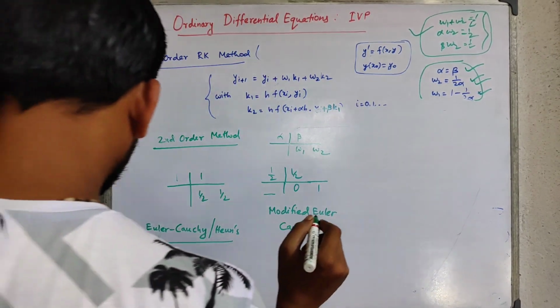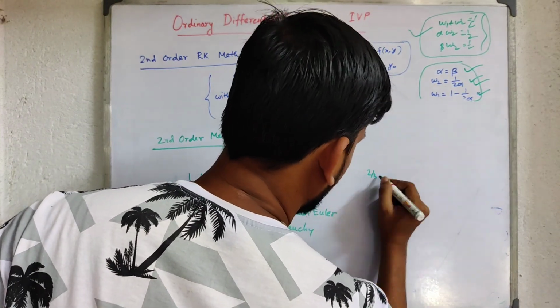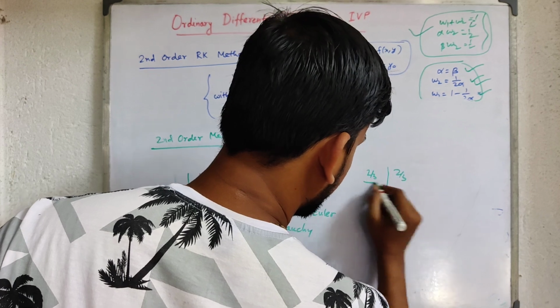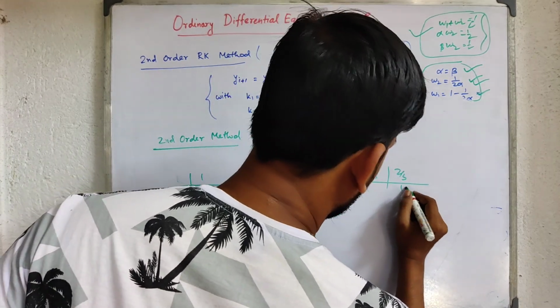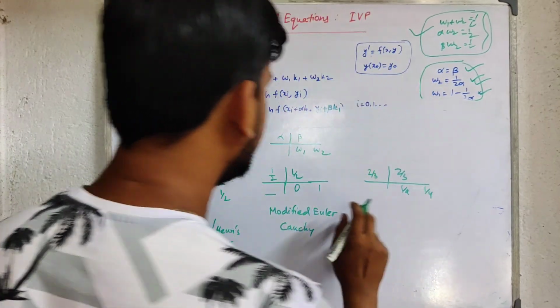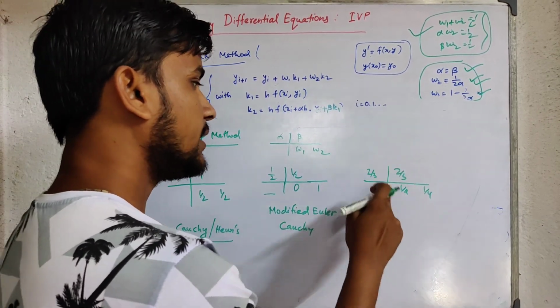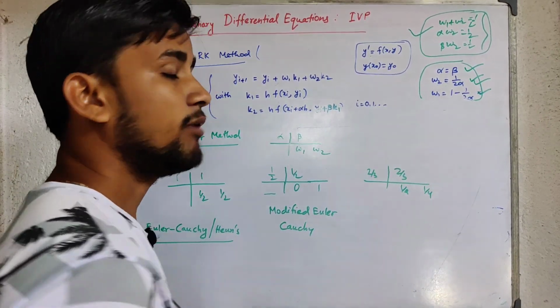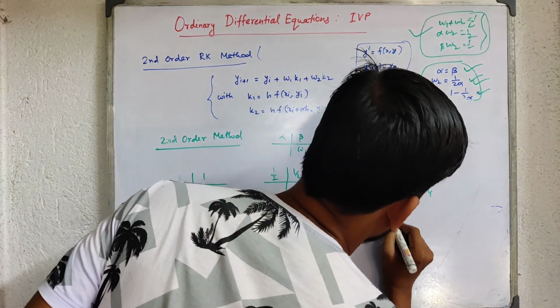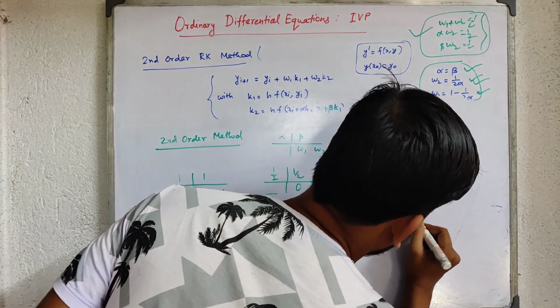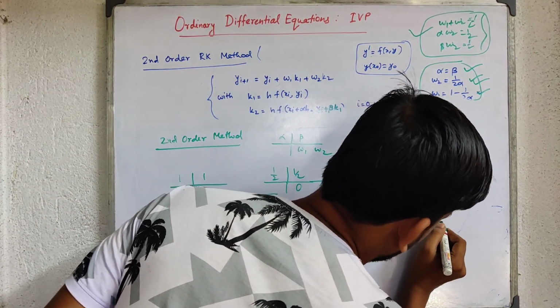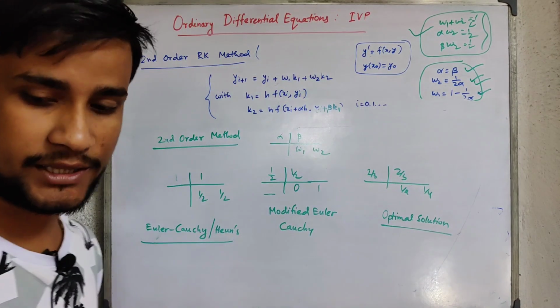And the third, the optimal solution, is 2/3, 1/4, 3/4, that is alpha value is 2/3, beta value is 2/3, W1 is 1/4, W2 is 3/4, and this will give you the optimal solution of the second order method.